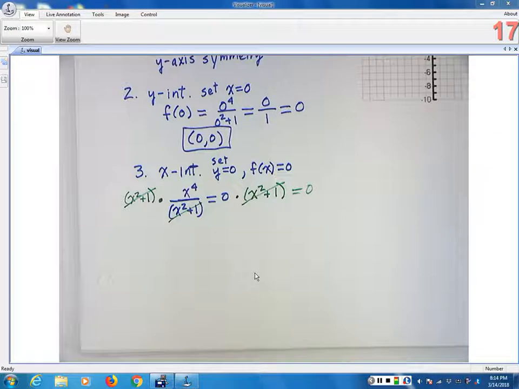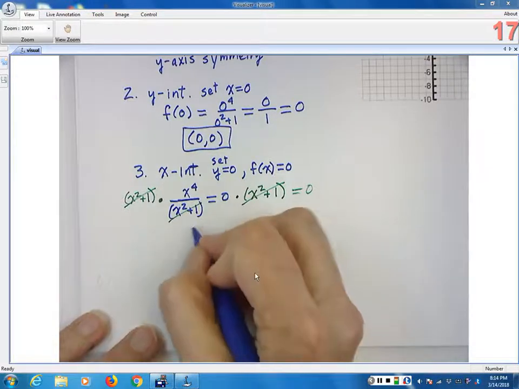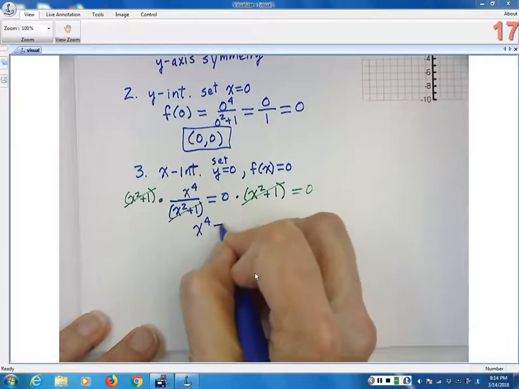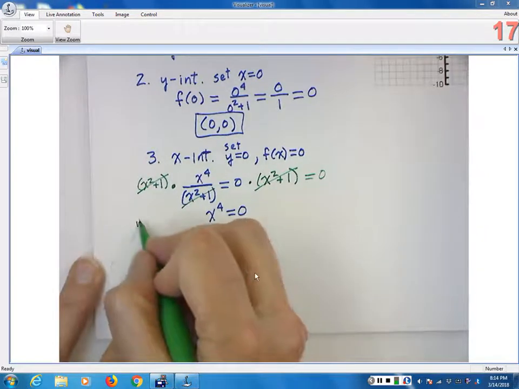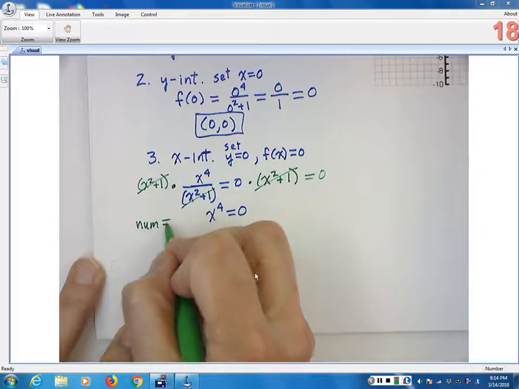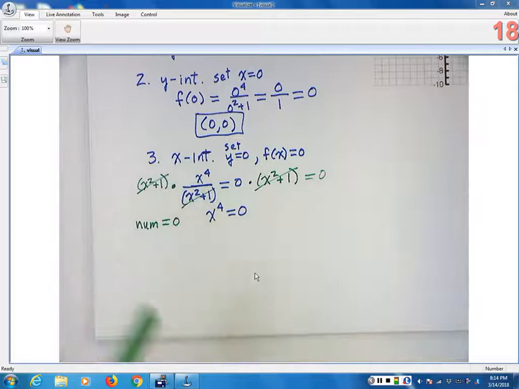So you actually get x to the 4th equals 0, or you get the numerator equals 0. So setting the numerator to 0 is just a shortcut for finding your x-intercepts. If you can remember that, for a problem, do that.